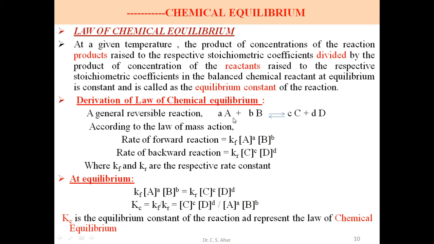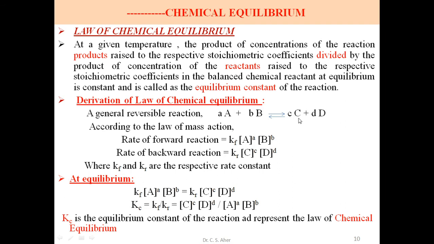where A and B are the reacting substances, and Kf is the rate constant of the forward reaction, is Kf [A]^a [B]^b. But when we consider the rate of the backward reaction, the reverse reaction, we use the symbol r, where C and D are the reacting substances.